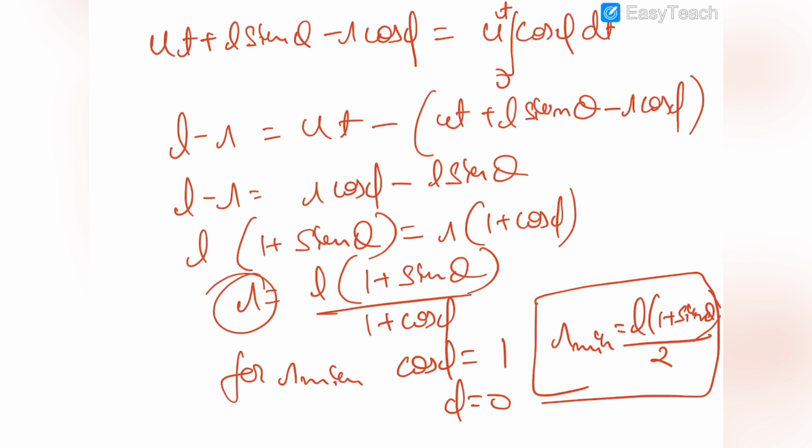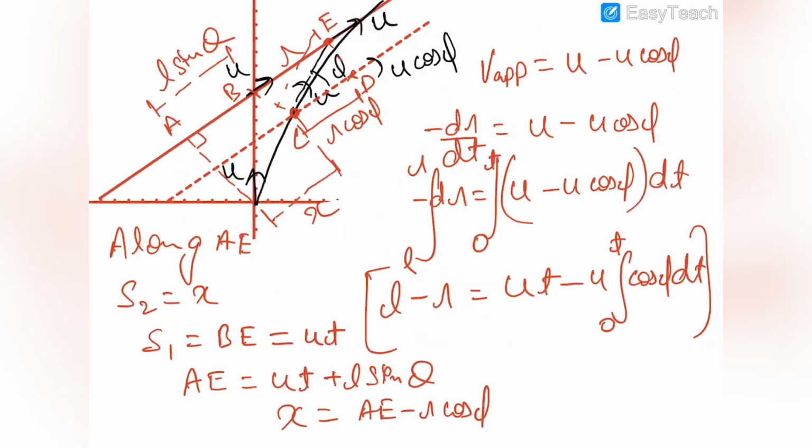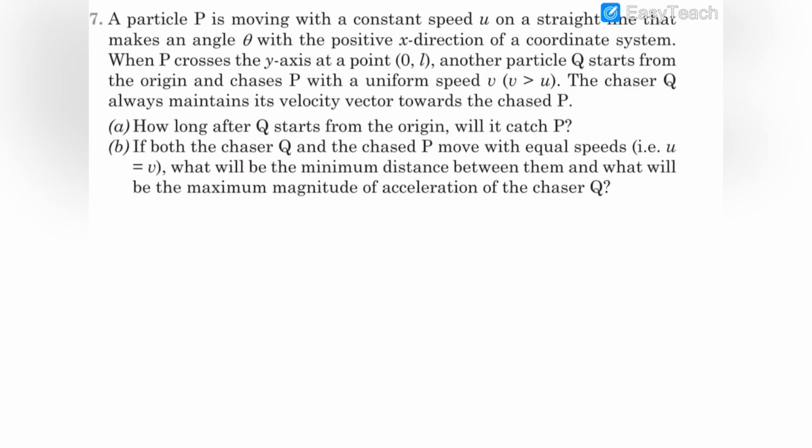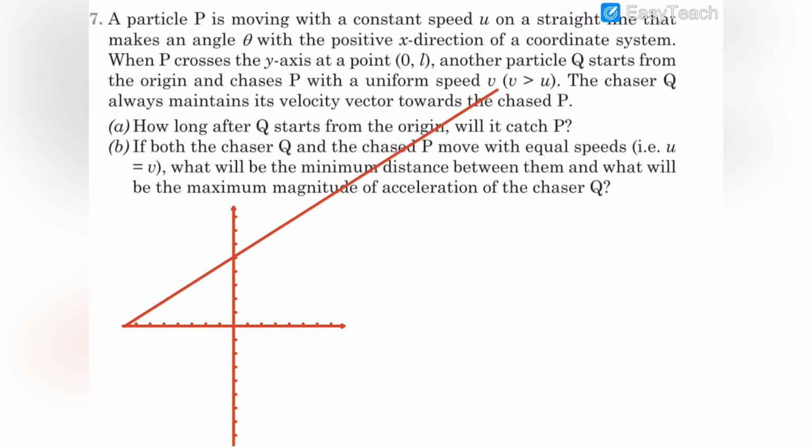Now let us move on to the B part, which is the maximum magnitude of acceleration of Q. To find this, let us again draw the diagram for better understanding of the concept.